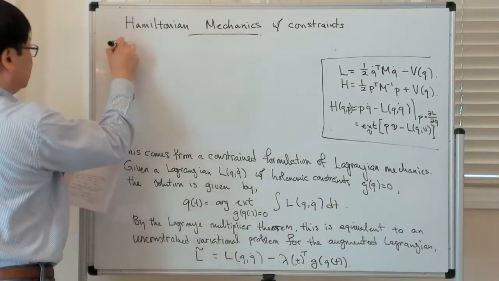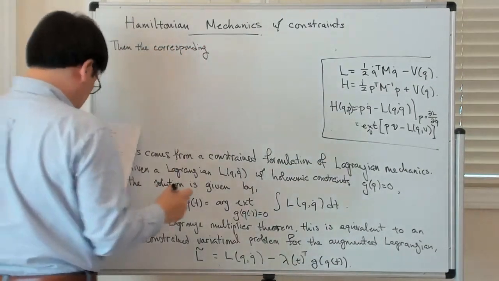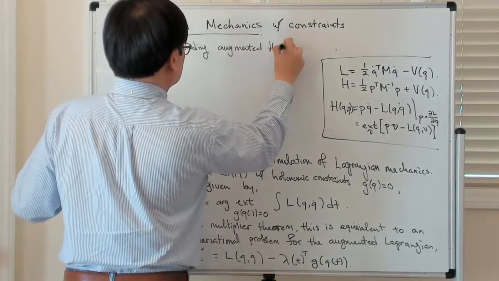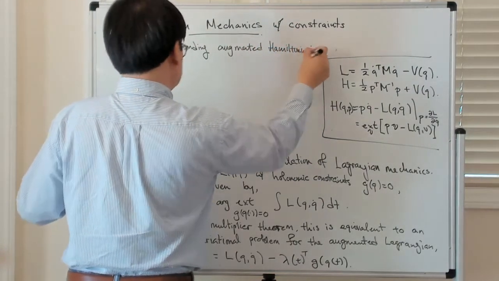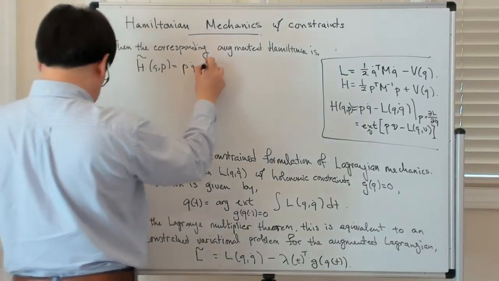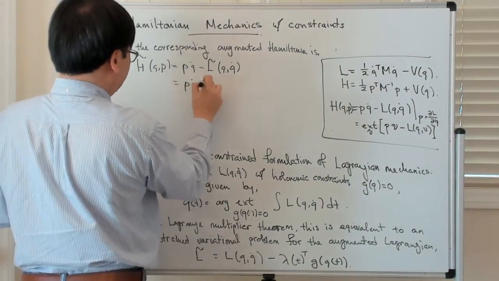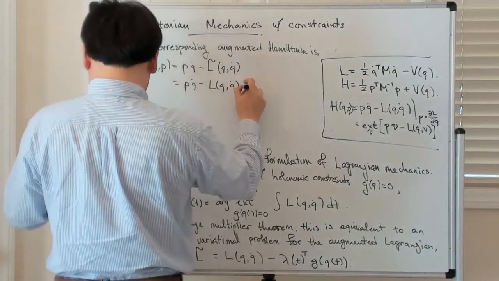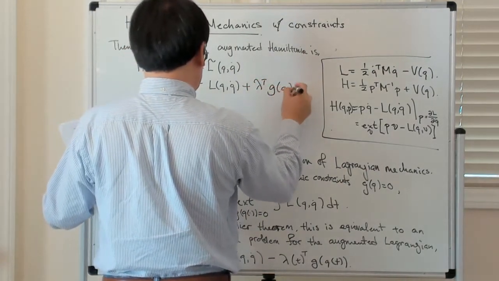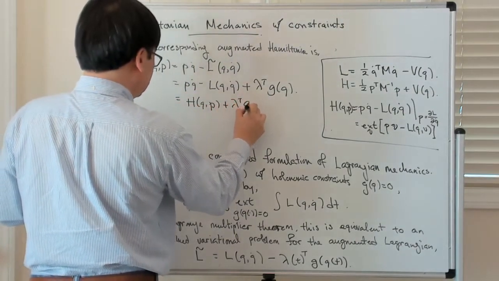Then the corresponding augmented Hamiltonian is just given by H tilde of q, p is p q dot minus L tilde of q, q dot, which is of course p q dot minus L of q, q dot plus lambda transpose g of q, which is just H of q, p plus lambda transpose g of q.